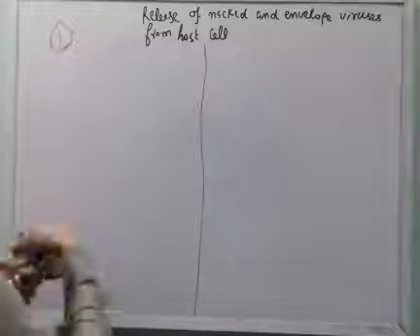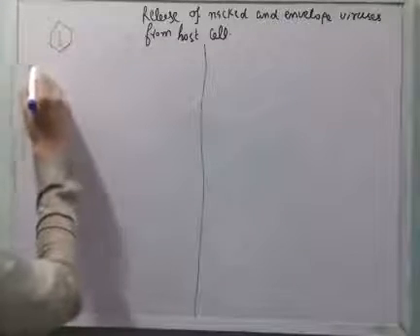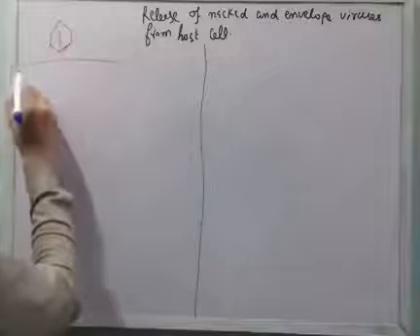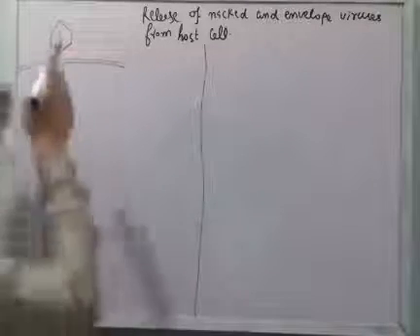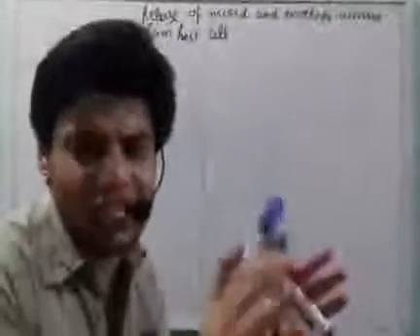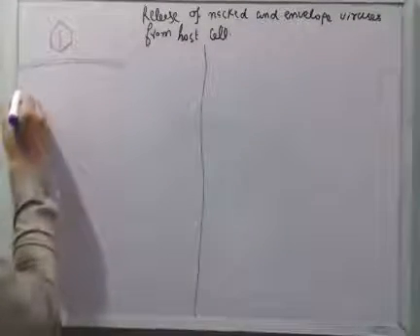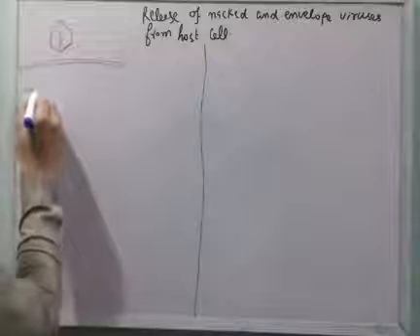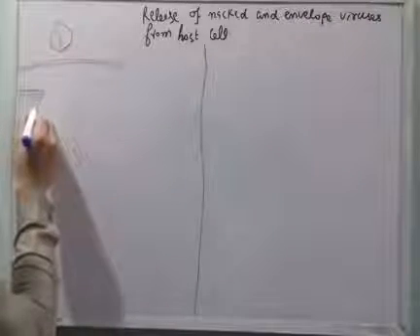Let's suppose this blue area represents the host membrane. They attach to the host receptor. Once they attach to the host receptor, they will be engulfed. I already discussed this, but let me summarize the process again. So we have a structure just like that.